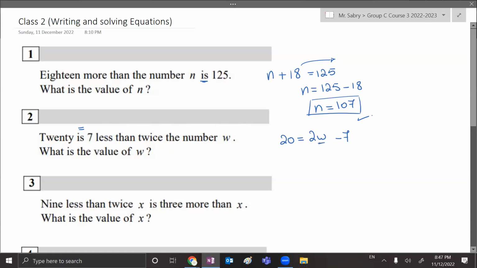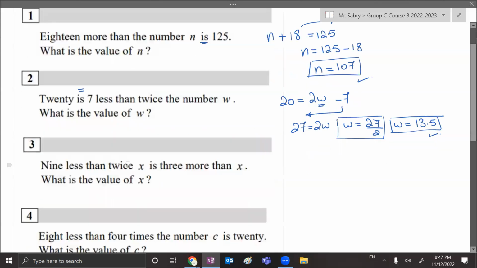So there's an equation right there, so I'll move the negative 7 to the other side, and I'll have 27 equals 2w, which means that w is equal to 27 divided by 2, and that means that w is equal to 13.5. You can write it as 13.5, or you can write it as 27 over 2 if this is a grid-in question, and that's not going to be the case in any of the ACT tests.